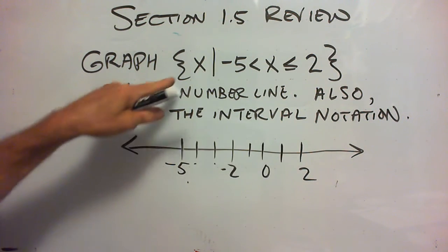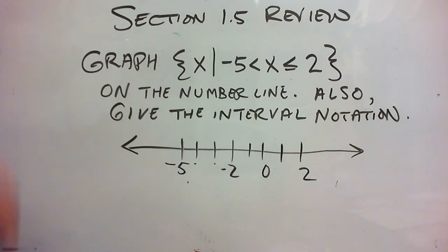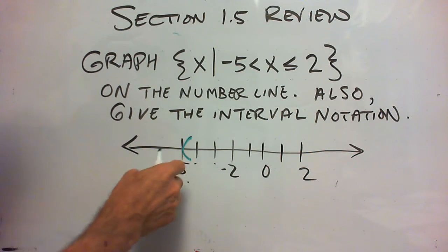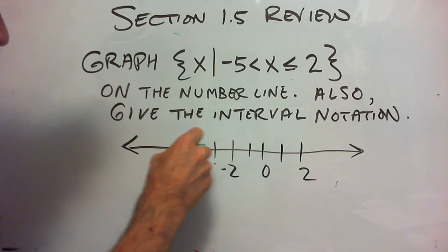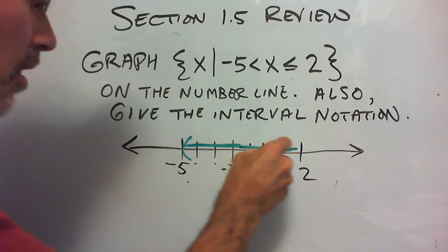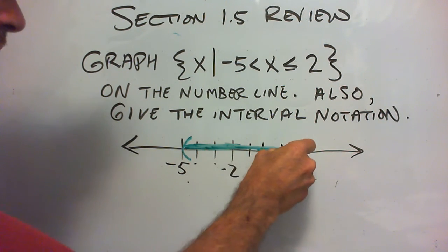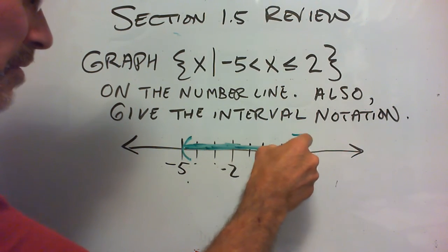So our set builder notation here is telling us that x is between -5 and 2, but the interval does not include -5, it goes up to it. Now you may have learned for graphing this you'd use an open circle. What we're going to do instead is use that round bracket to indicate that we're not including -5. And then at 2, we have our square bracket.